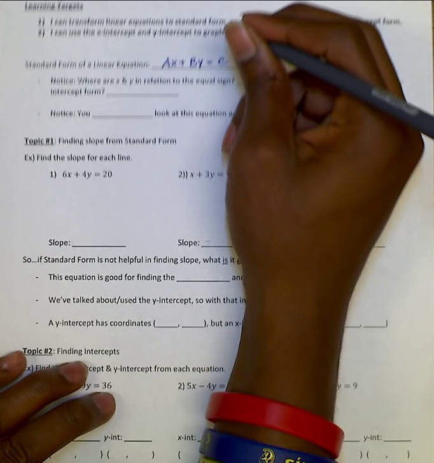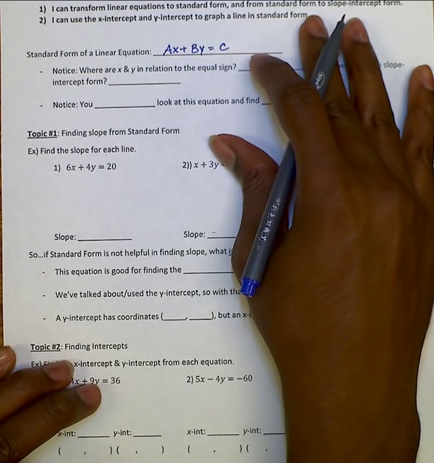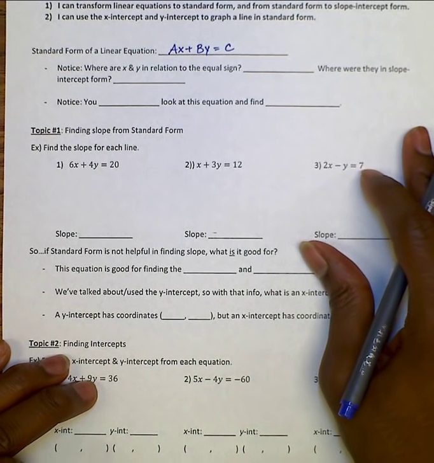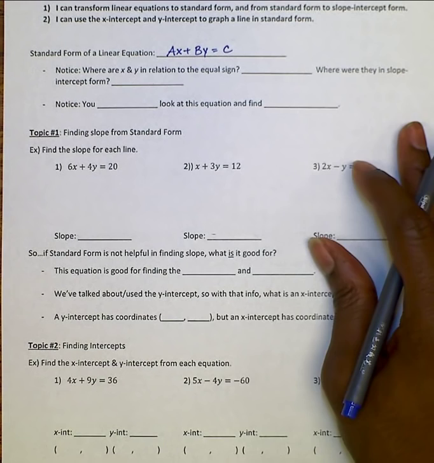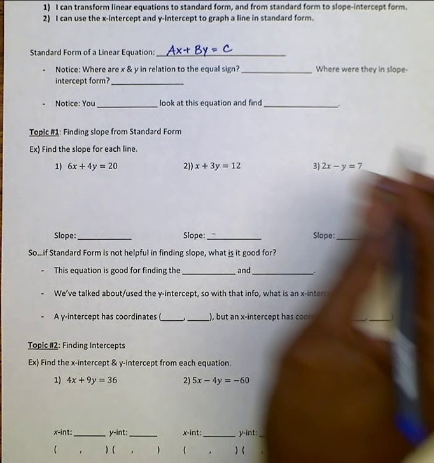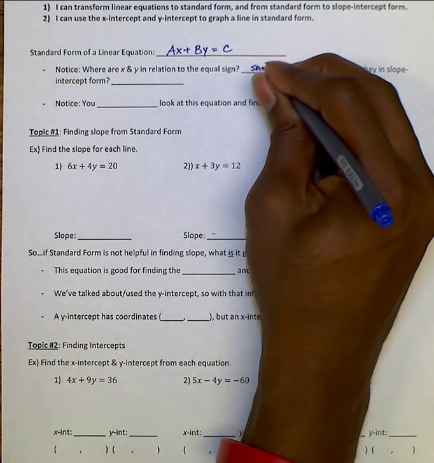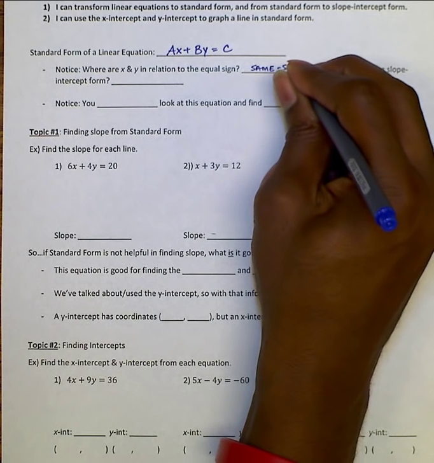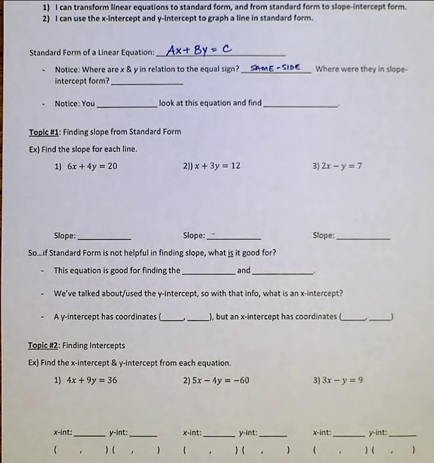Okay, notice that x and y are on the same side. Where were they in slope-intercept form? On different sides.